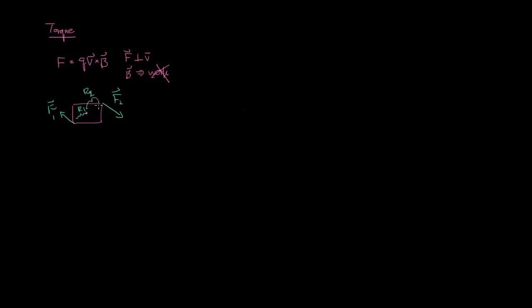But at the same time, even though the center of mass won't move because these forces cancel out, this particular rectangle here still feels a rotation going this way, right? And that rotation can be described by the torque that it feels.